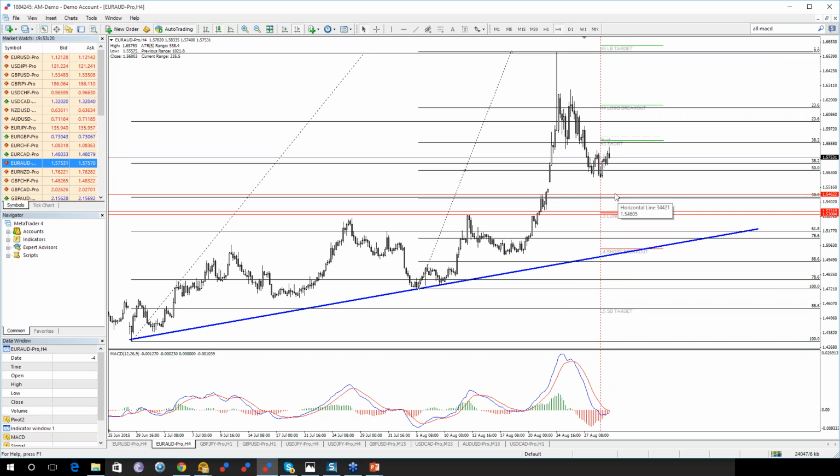So price should give you profits if you go long at this zone here. You can see it here. This is 54.60 and 50, double confluence.